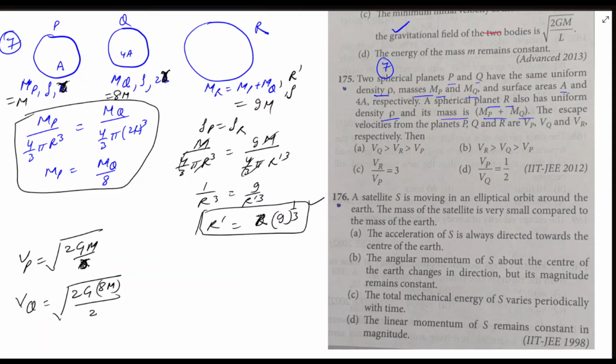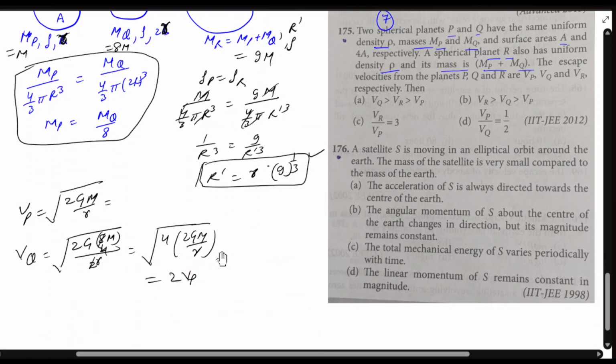So the 2 will get cancelled, we have 4 root 2 gm by r. So this will be 2 Vp, because this is Vp.